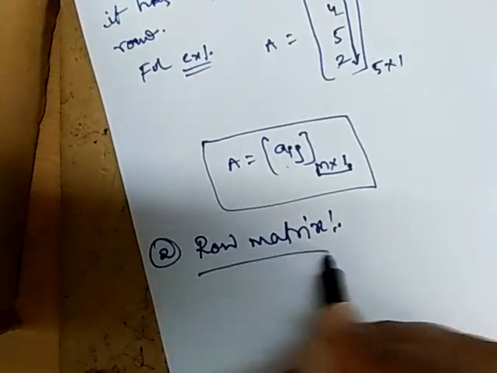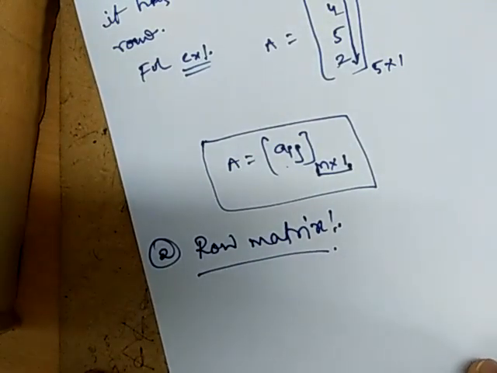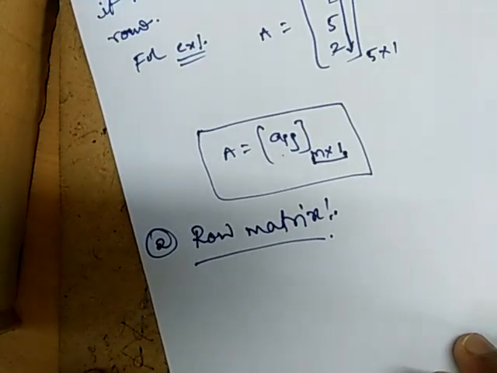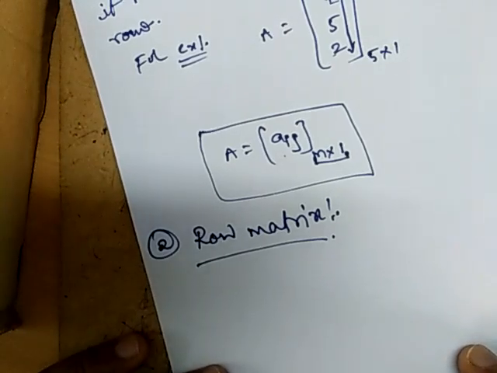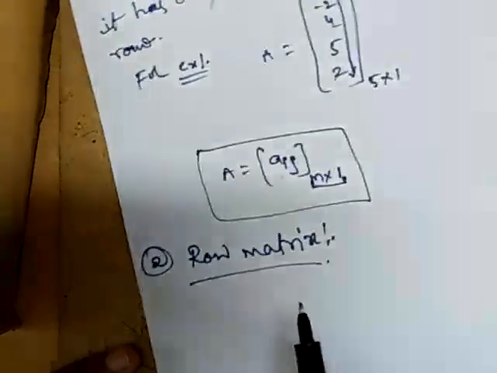Next, second one, row matrix. A matrix is said to be a row matrix if it has only one row and any number of columns.